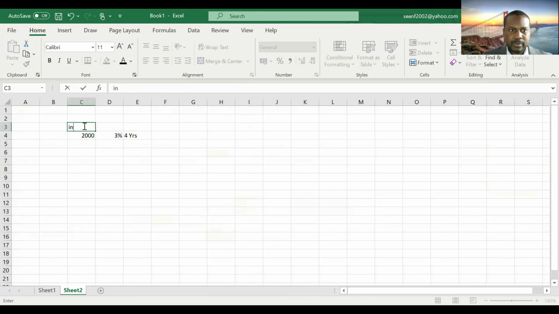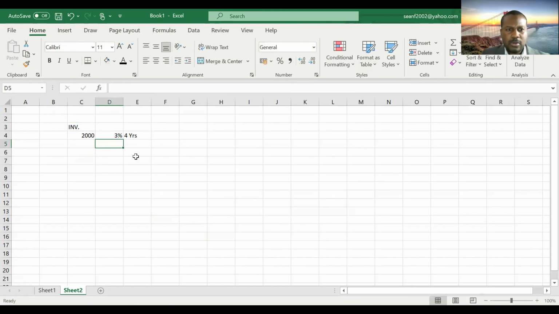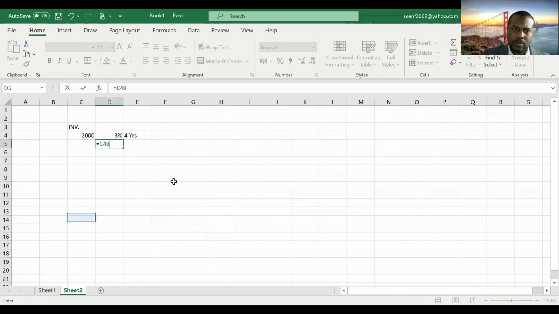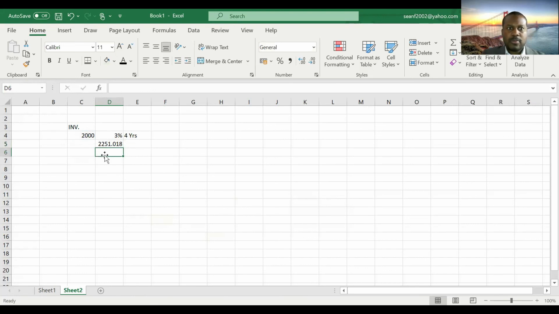So the investment, this multiplied by (1.003), that's 2051.12.